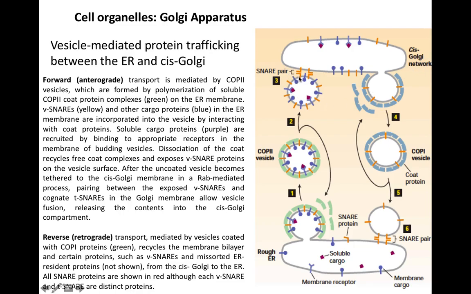So the docking takes place between the V-SNAREs and the T-SNAREs. V-SNAREs are located on the membrane of the vesicle, while T-SNAREs are located on the target membrane, or on the membrane of the Golgi apparatus. So after this docking takes place, the contents inside the vesicle are released into the Golgi apparatus. So this was the forward movement, or anterograde movement, from the ER towards the Golgi.